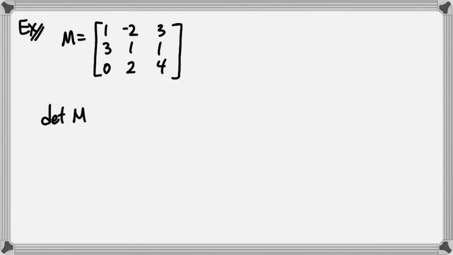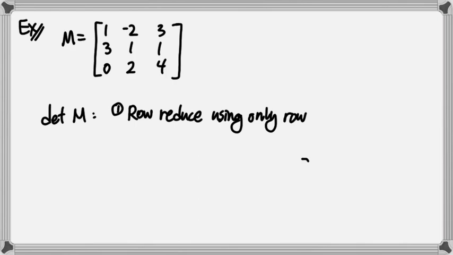There's probably a bunch of options, but there are two main options that we take for computing determinants. One strategy is to row reduce. This was a strategy we were using last time. If I row reduce using only row addition, in other words, adding a multiple of one row to another, that operation leaves the determinant unchanged.